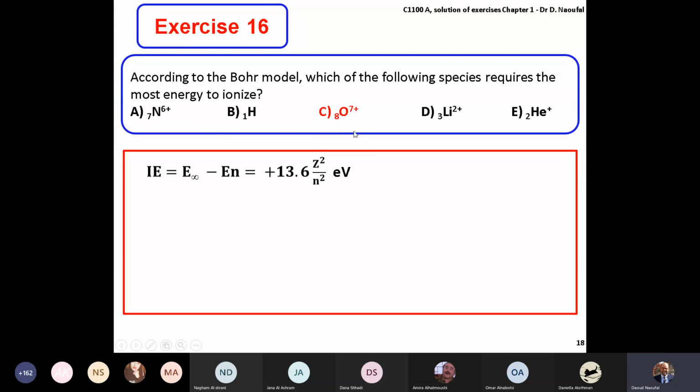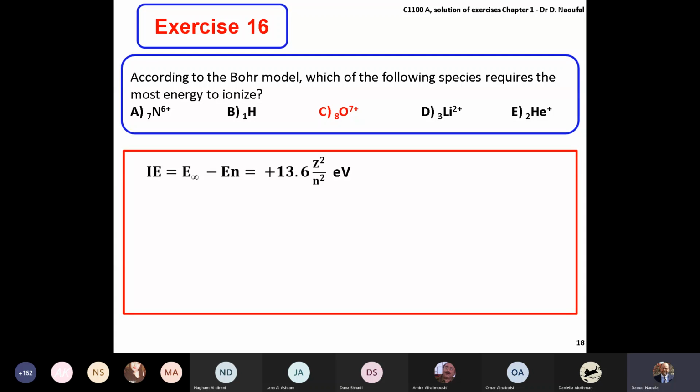In all the species, we have only one electron. And this electron is found at n equal 1 in the first, in the second, in the third, in the fourth, in the fifth. We have one electron, so this electron is necessarily at the same n, which is n equal 1.